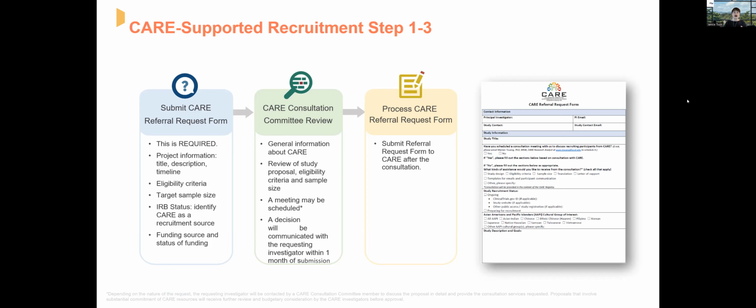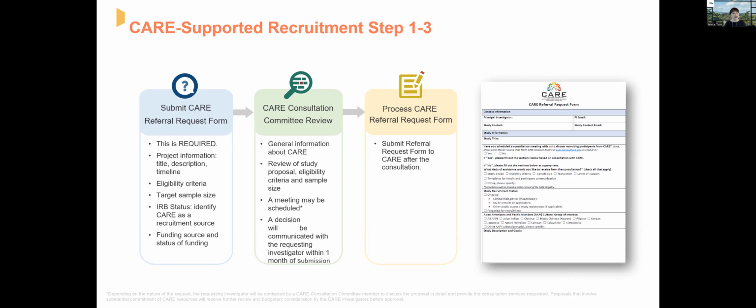And then the next step, once we receive your referral request form, we will have a committee review. So CARE consultation committee will review your request, and generally will also at the same time provide you with general information about CARE.